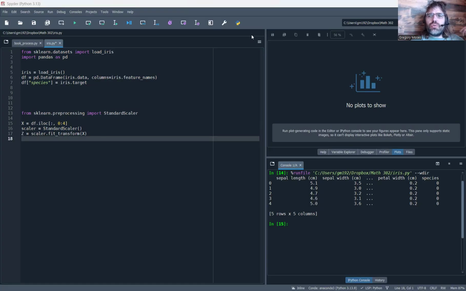If I asked you about variance in the data, we as human beings would probably say, well, these first terms are very different. So are these second terms, these third terms, these fourth terms. These last terms are almost identical.